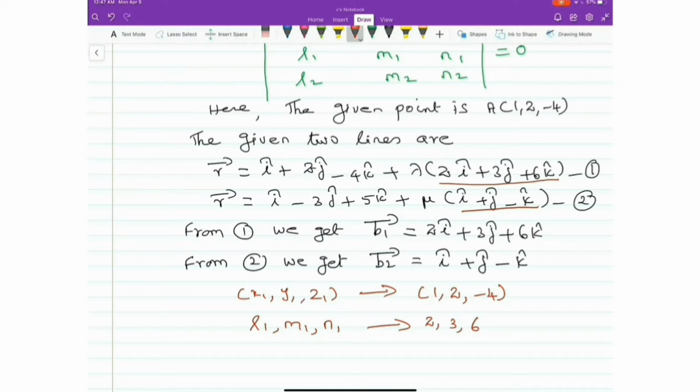Then L2, M2, N2 will be 1, 1, minus 1. Let me name these results as 3.